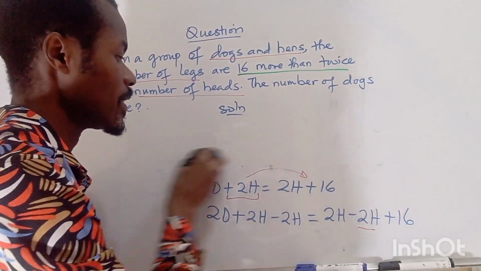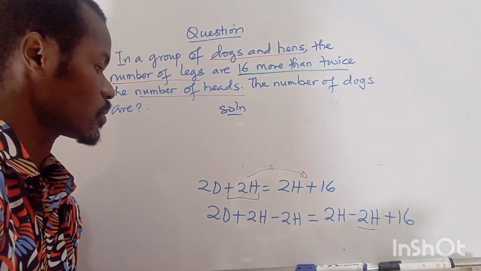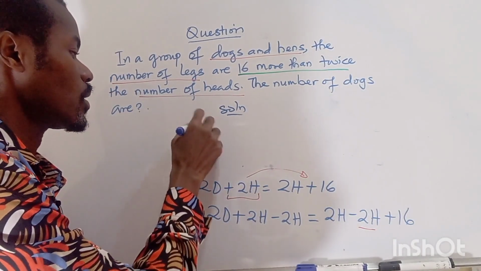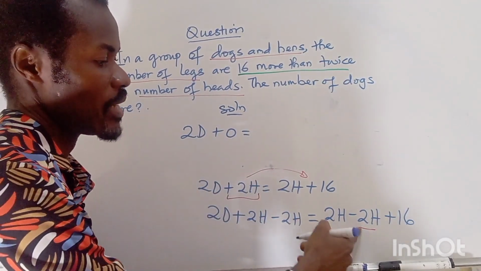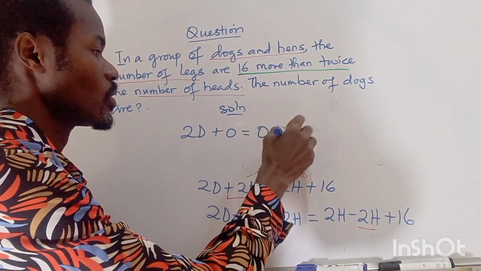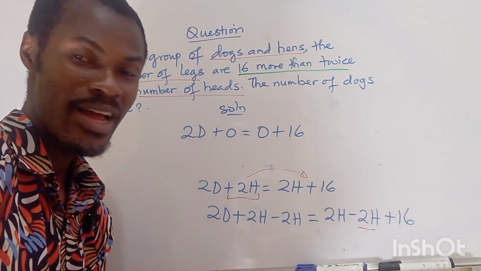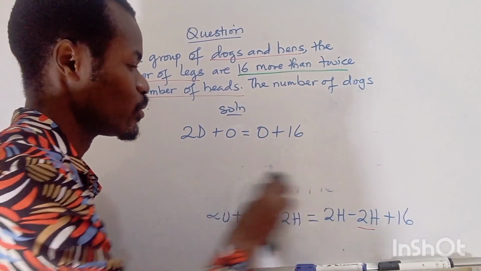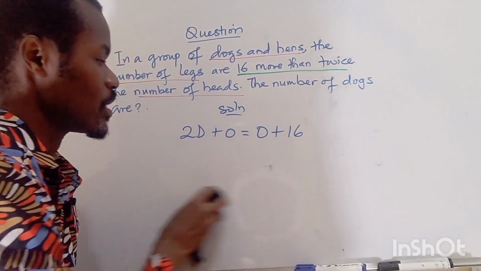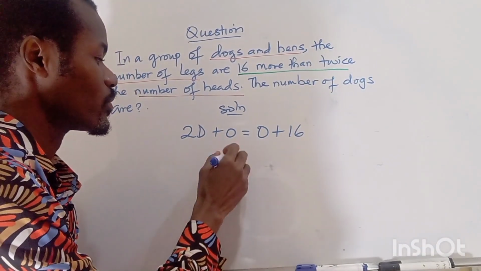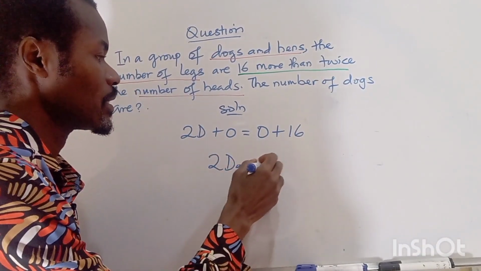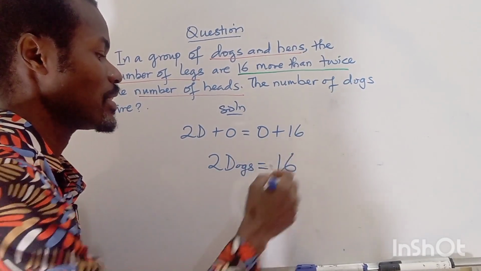So we are going to have 2d plus 0 equals h minus 2h is also 0 plus 16. So we are left with a very, very simple equation. 2d plus 0 is what? 2d. So we have 2d equals 0 plus 16 is 16.